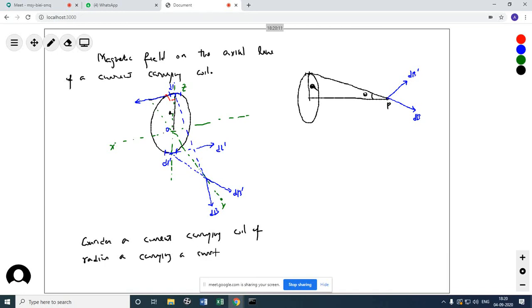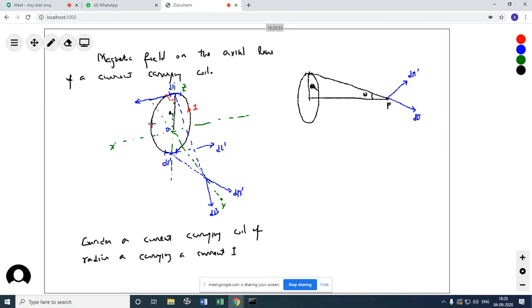Now, let's say this angle is theta. Now look closely. What is the direction of dL in this case? This is not shown in the book.